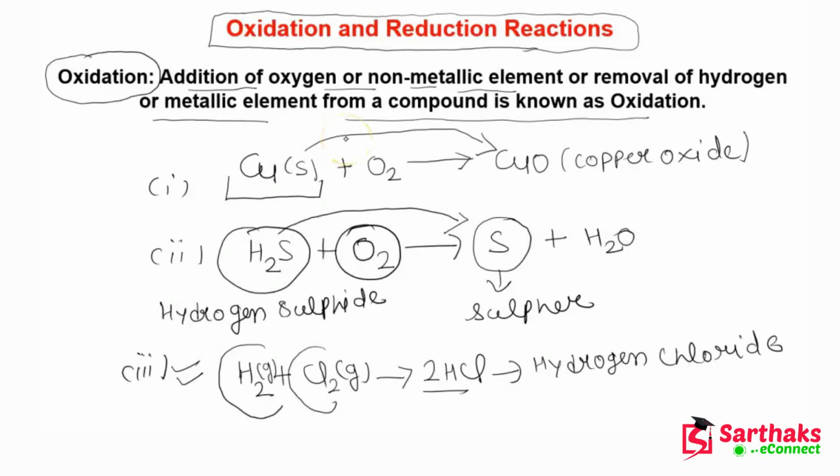One thing you should remember is that a chemical reaction should always be balanced. If it is not balanced, then you have to balance it. So let's check this chemical reaction, is it balanced or not? There are two hydrogens on the reactant side, and on the product side also there are two hydrogens. But oxygen on the reactant side is 2, while oxygen on the product side is 1.